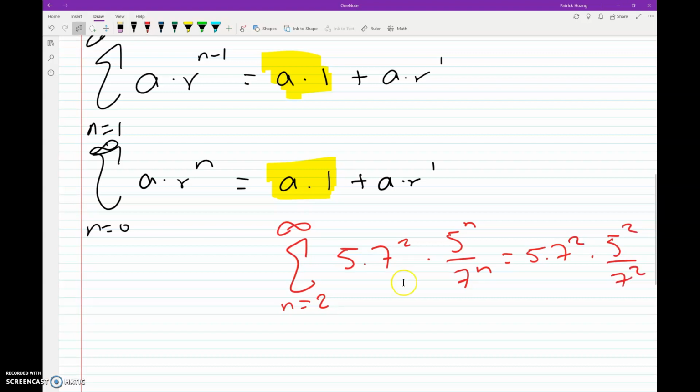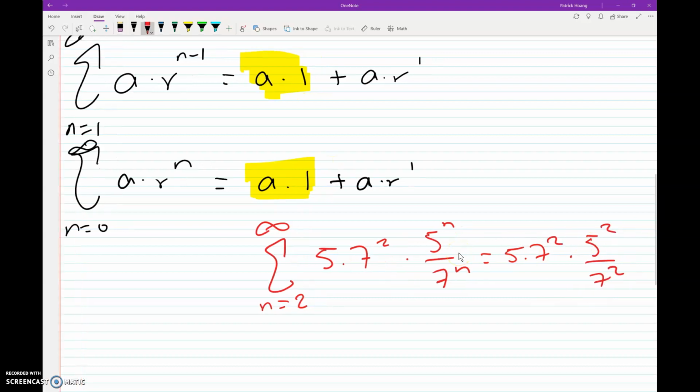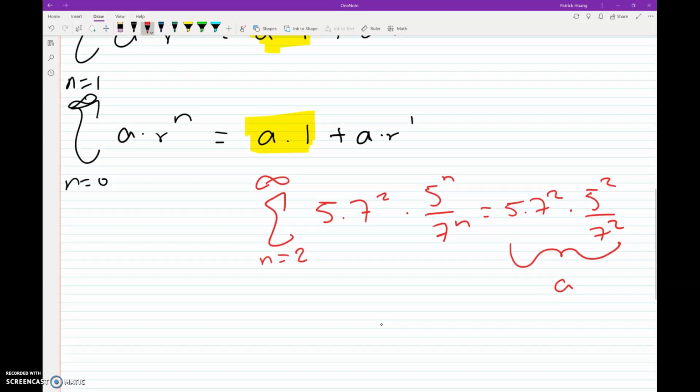That's our first term. So this is our a value. And after we do some simplification, this would be 5 cubed.